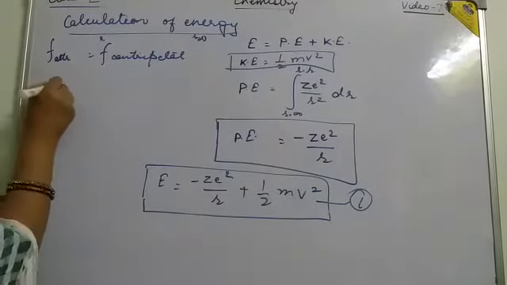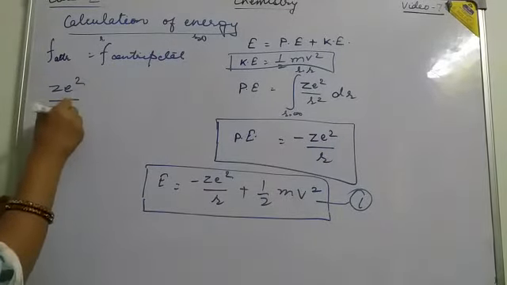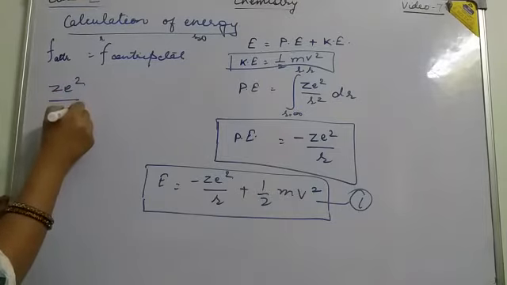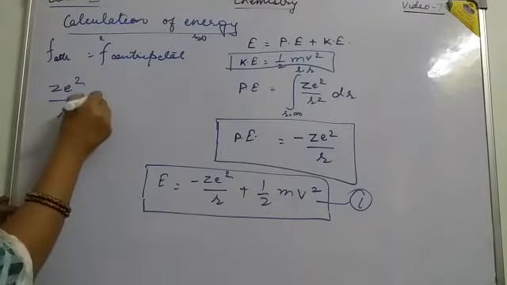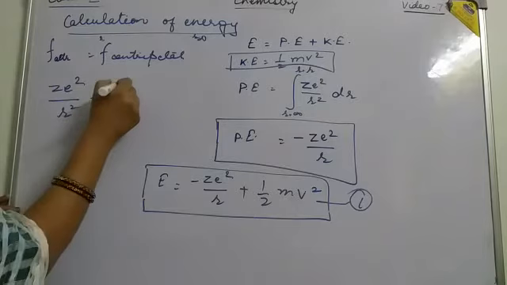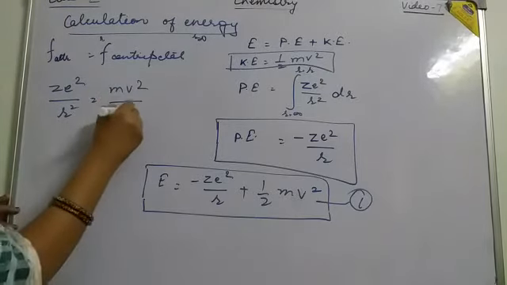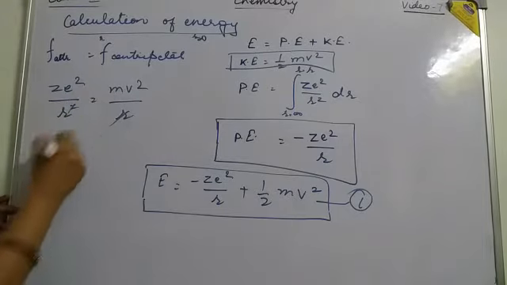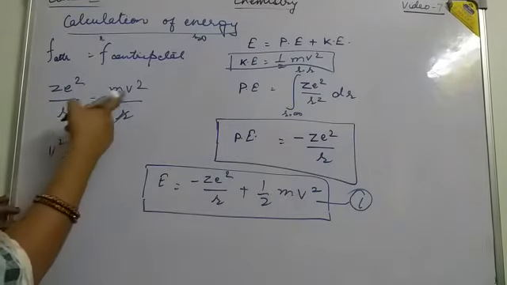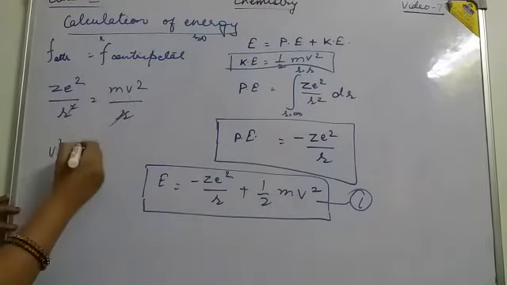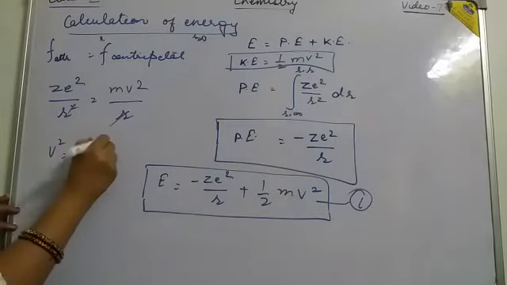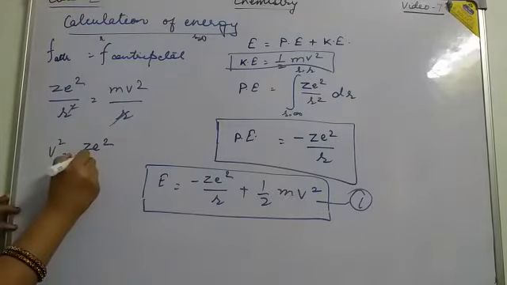So this is Ze square by R square, and the centripetal force is mv square by R. R cancels, so v square is equal to Ze square by mR.